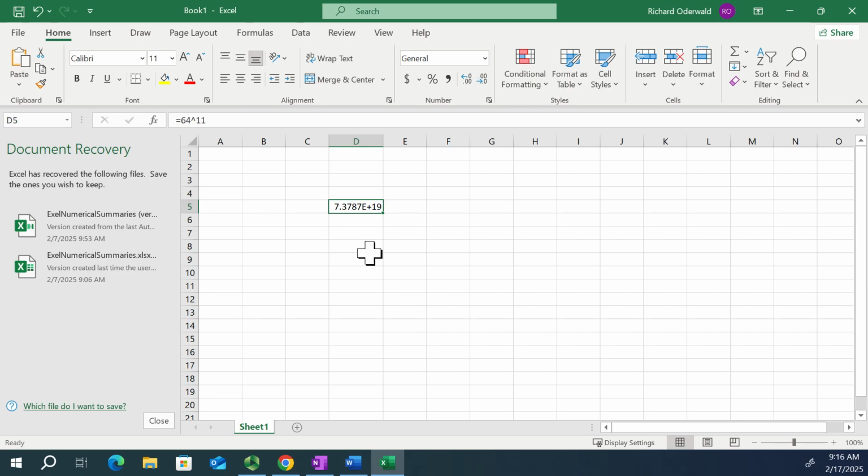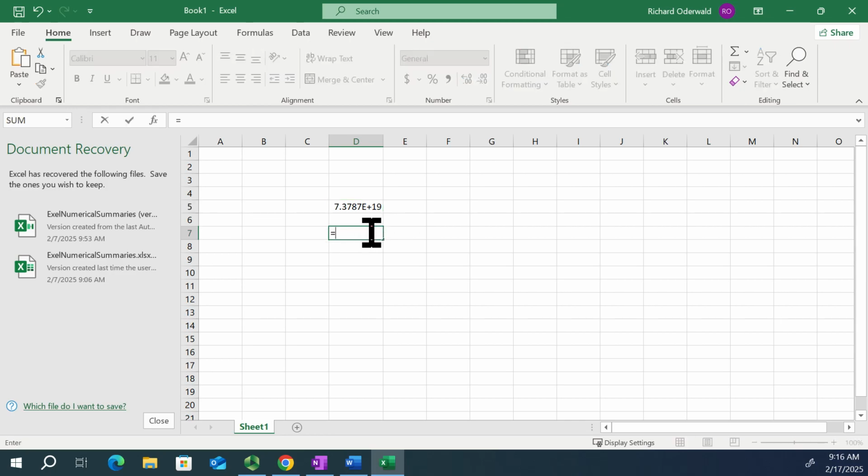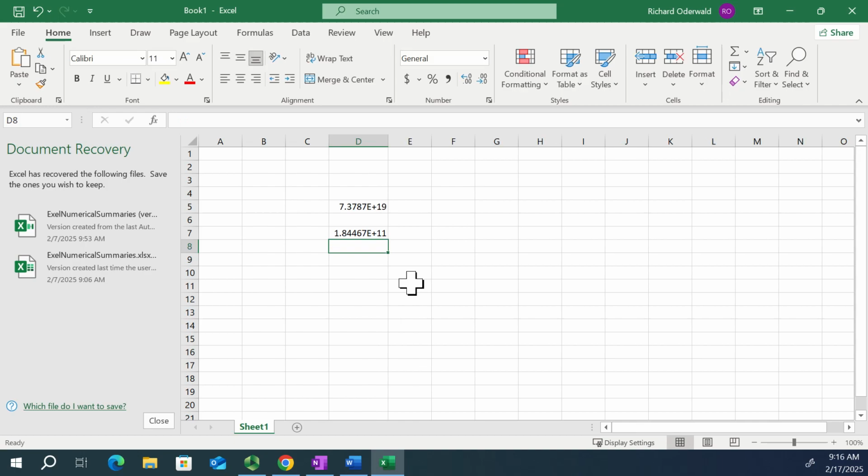There are an estimated 400 million stars in the Milky Way. So if we divided this number by 400 million, we still have 1.8 times 10 to the 11th addresses.